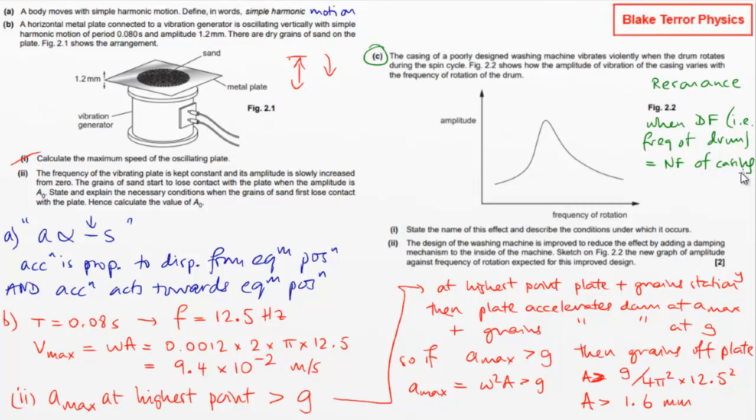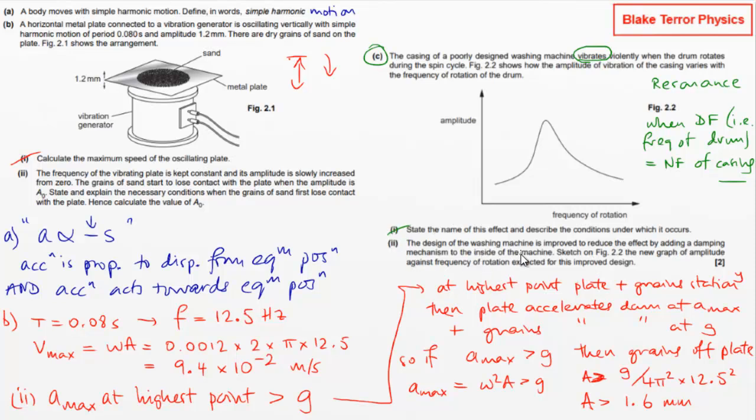It's worth saying, as they always want in these questions, what's doing the driving, in this case the drum, and what's being driven, in this case the casing, because it's the casing that resonates, and that resonance is being caused by the rotation of the drum. So we need to get that the right way round and mention both of these things.